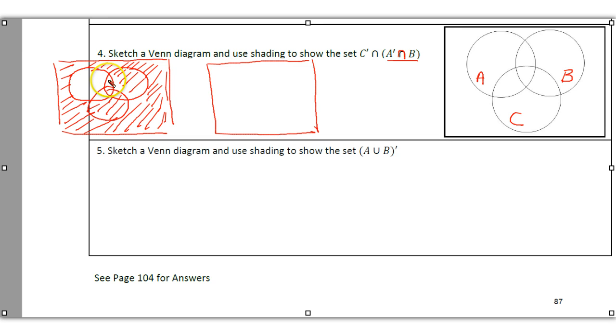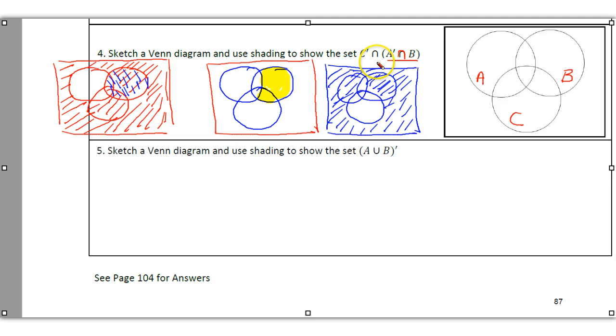We have this. Now, where do we have the intersection of the complement of A and B? It's where we have both blue and red. So far we have the complement of A that intersects with B, and this is what we're showing.